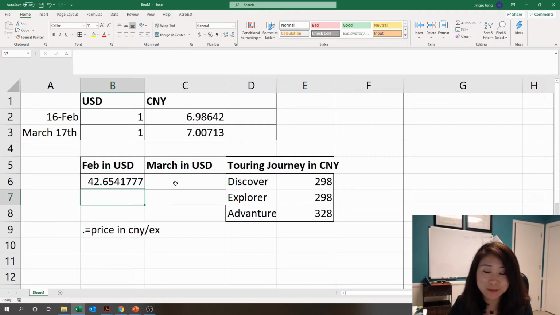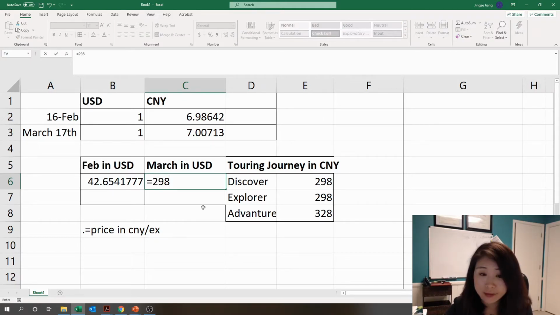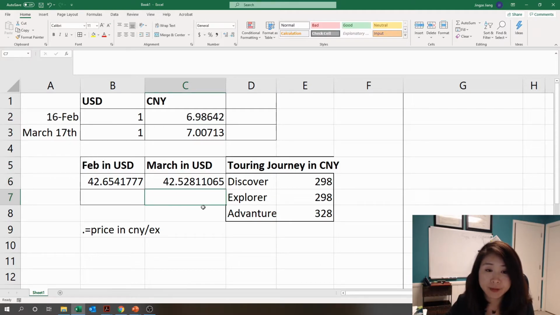And let's see, after we change to March 17th, if the tour package's price still costs 298 yuan, how much will that equal in US dollars? It equals 298 divided by 7.00713, which is equal to $42.52.